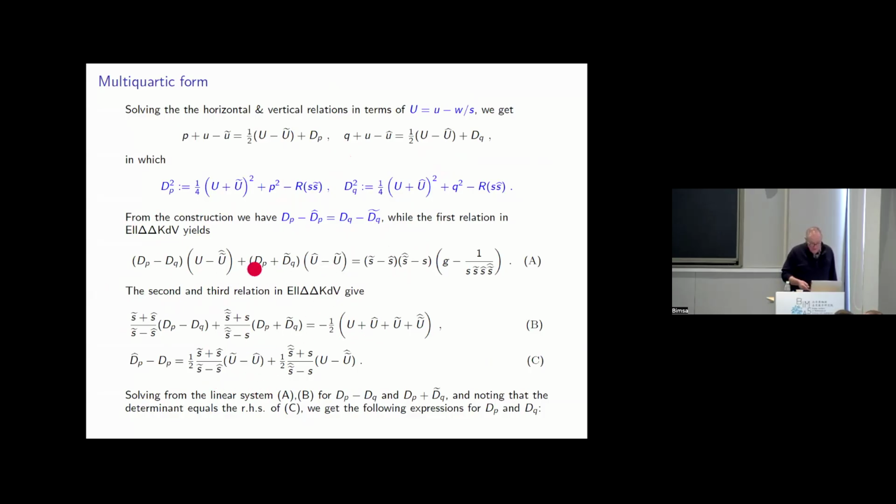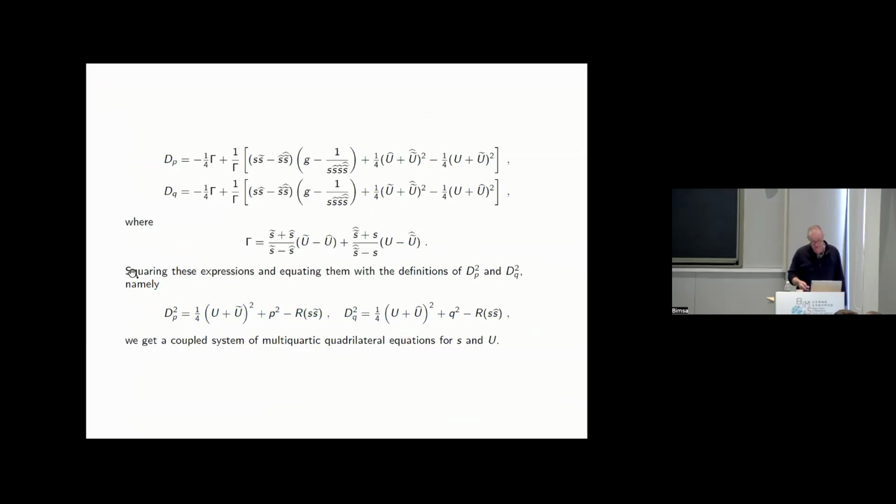And you see that we get here a linear system in these combinations of discriminants. So this appears here and there, and here you have the same two combinations of discriminants. You can solve that linear system and then use the last equations to find explicit expressions for these discriminants. And what you get then is these expressions here, where gamma is the determinant of that linear system.